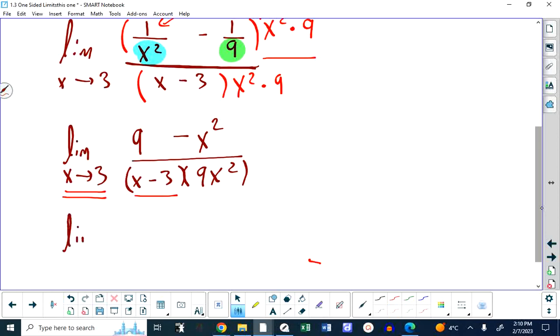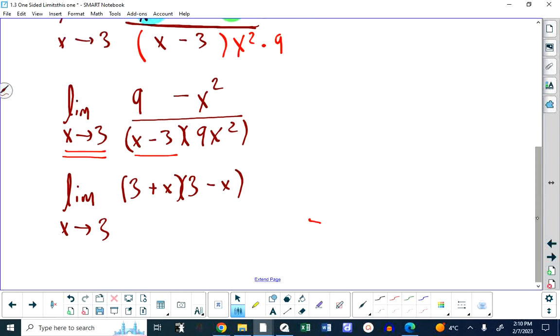Now what I can do is factor the numerator of this. The limit as x approaches 3. 9 minus x squared is a difference of squares, which factors in this case to 3 plus x, 3 minus x. And this is over x minus 3 times 9x squared.